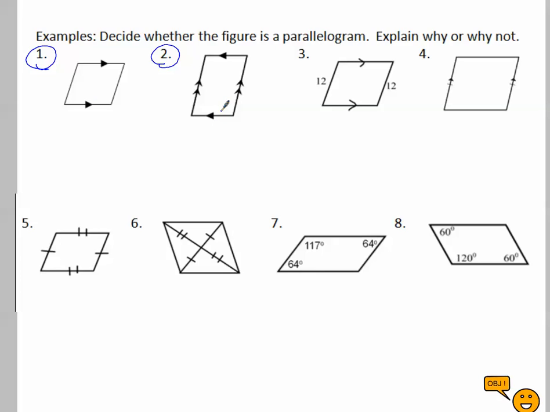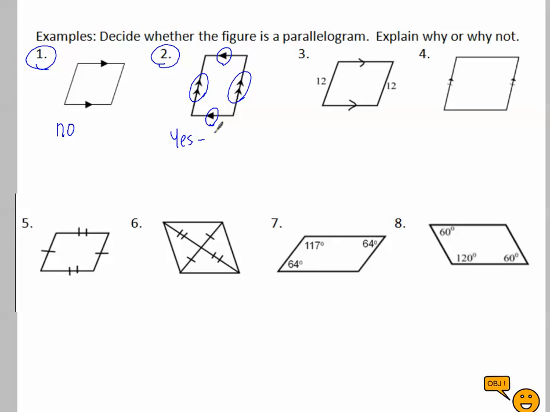If you said the first one is not a parallelogram, you would be correct. This one, not a parallelogram. Why? I only see one pair of opposite sides parallel when I remember that I'm supposed to see both pairs of opposite sides parallel. Here I see a pair of opposite sides that are parallel and another pair of opposite sides that are parallel.